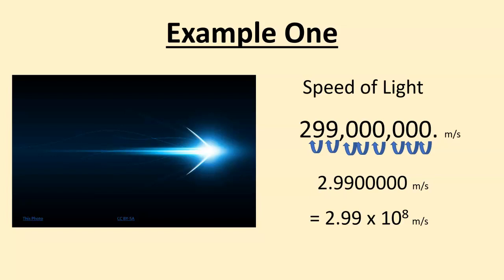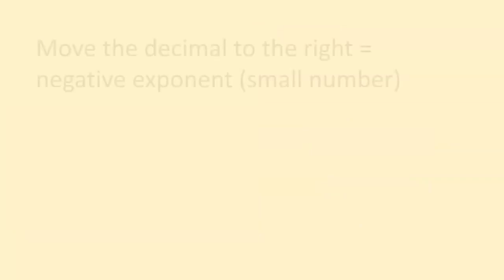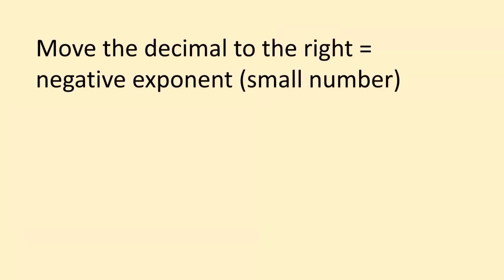I know it's 10 to the 8 because I moved that decimal 8 spaces. And remember, I told you that your exponent tells you how many times to move that decimal. So a couple of quick rules to remember. If we move the decimal to the right, we're going to have a negative exponent.